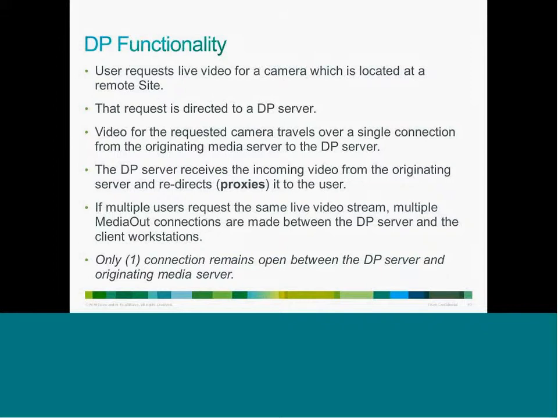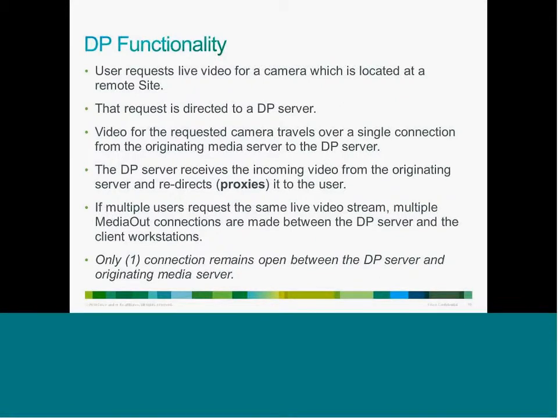How does it actually work, right? Here is the step-by-step description of the whole process. A user is at a centralized location, and he's trying to view a video which is at a remote site over a low bandwidth link. In that instance, I have a dynamic proxy server set up, so the user goes to the dynamic proxy server instead of the media server which is at the remote location.